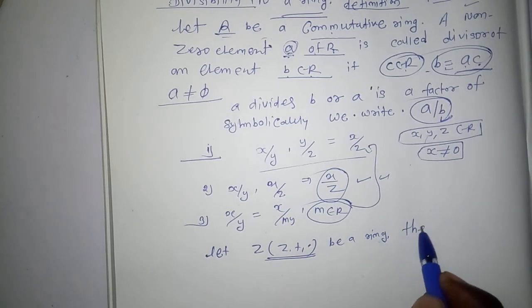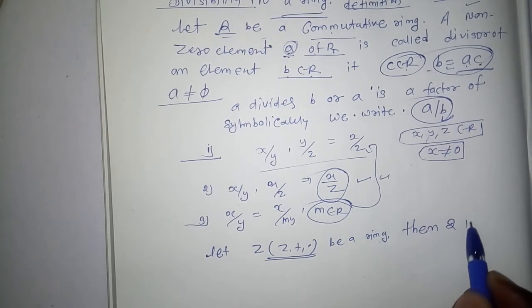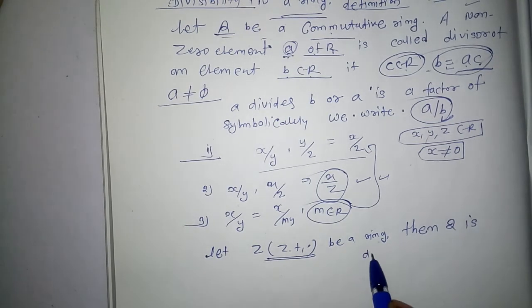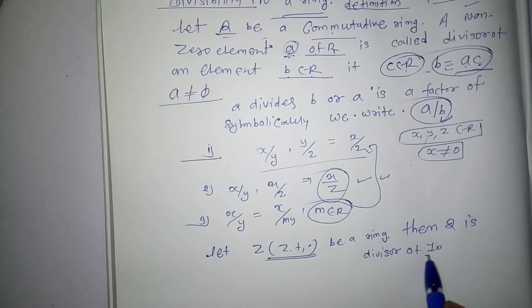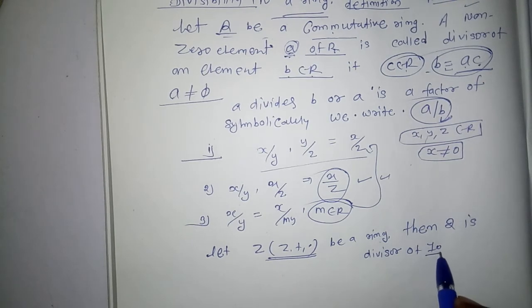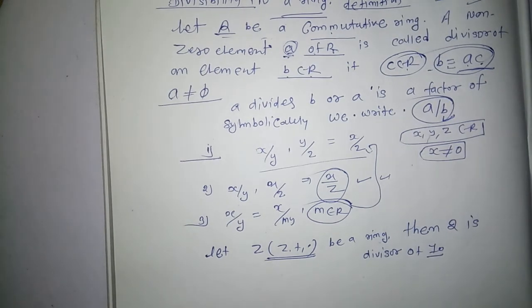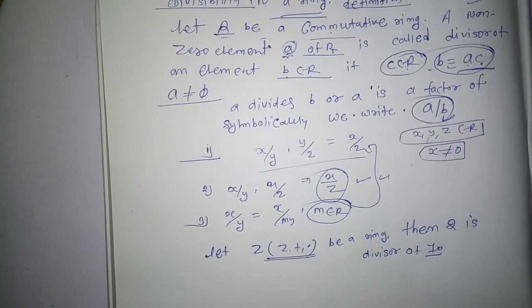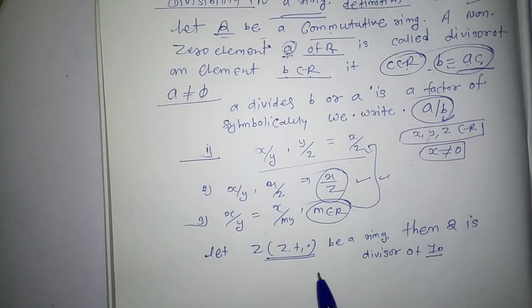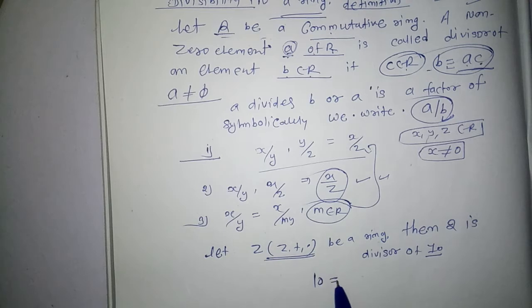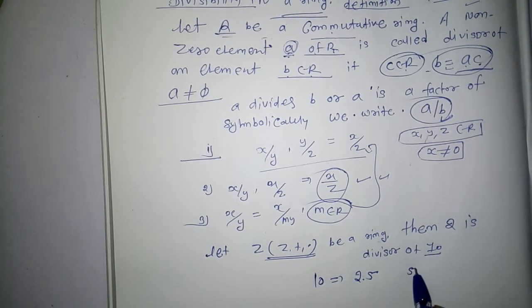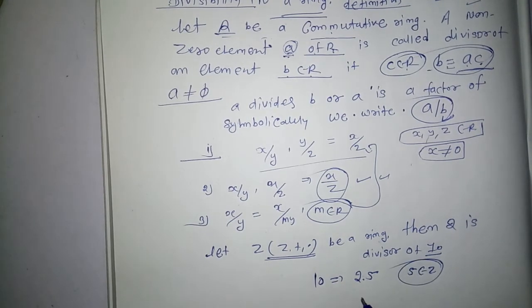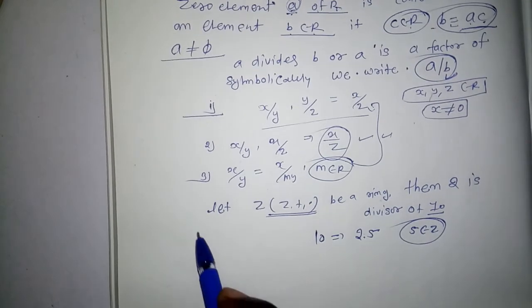Then 2 is a divisor of 10. We can write 10 is equal to 2 into 5, and 5 also belongs to Z. This is the example, students.